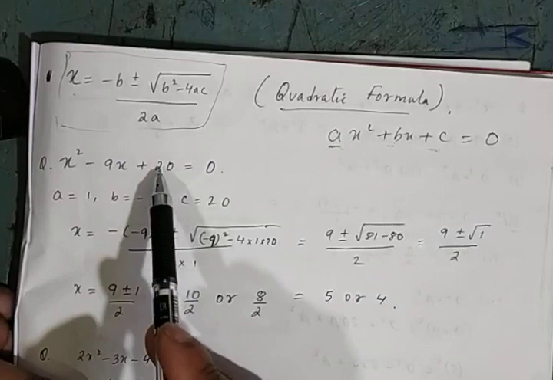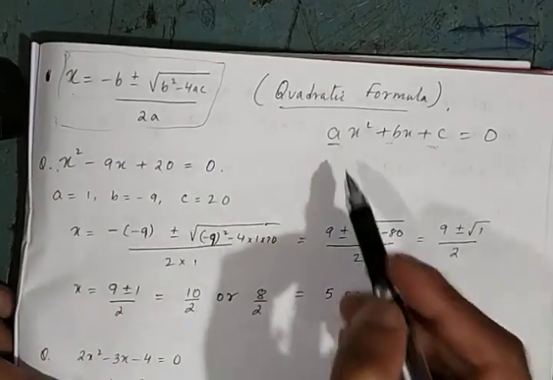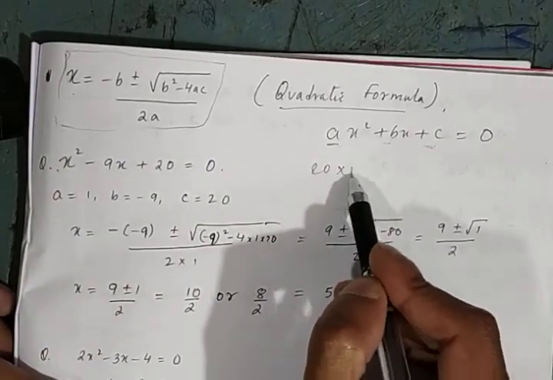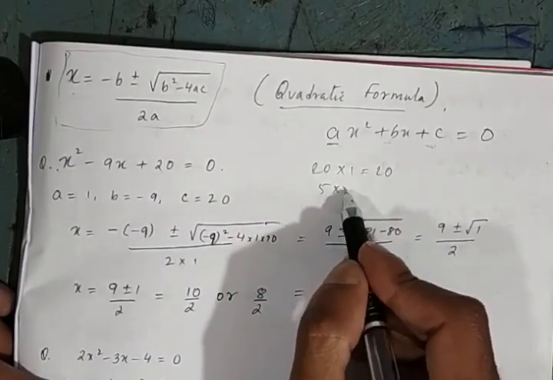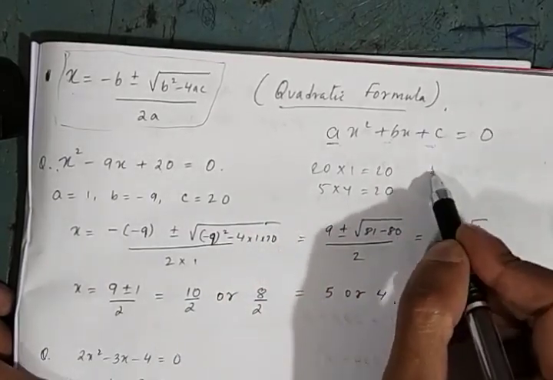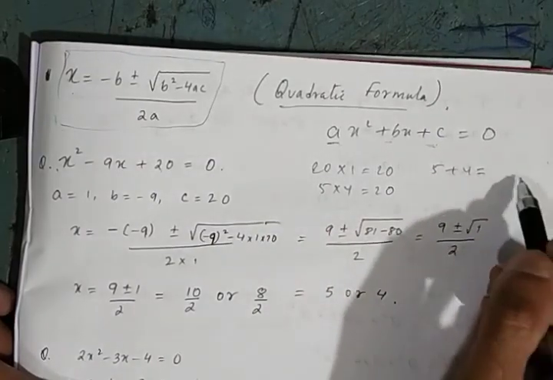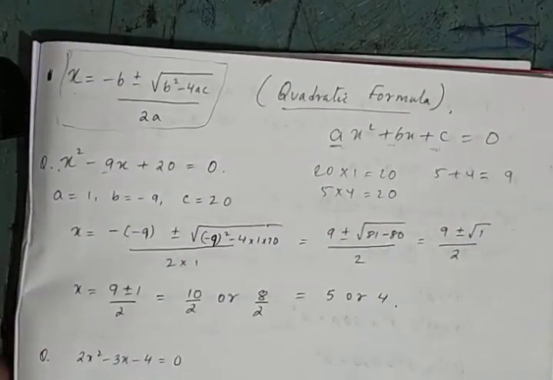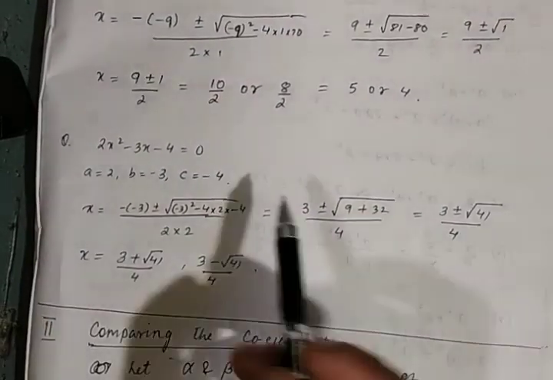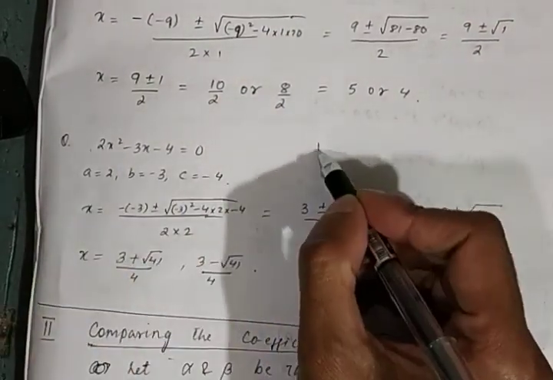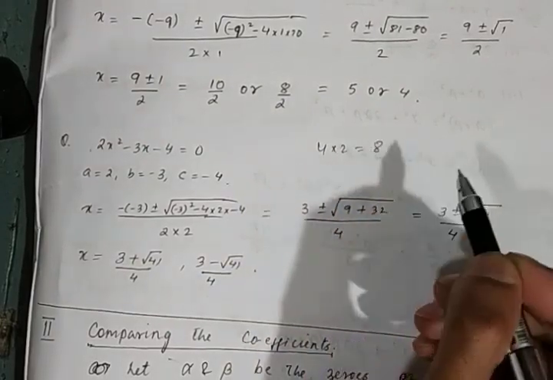Like you check here. 20 ones are 20. 20 into 1 equals 20. Okay, in this case it is possible because 5 fours are 20 and 5 plus 4 makes 9. So this splitting is possible. So let me show you some more examples where splitting may not be possible. Let me try here. 4 twos are 8.